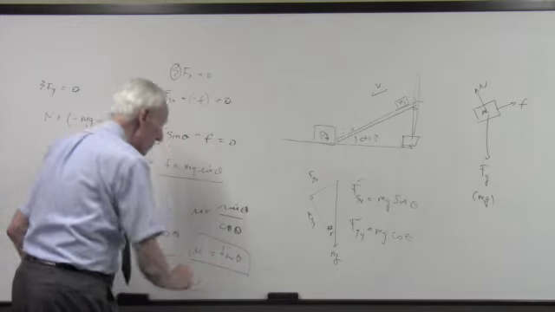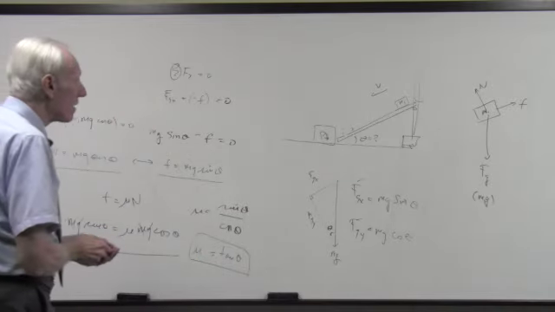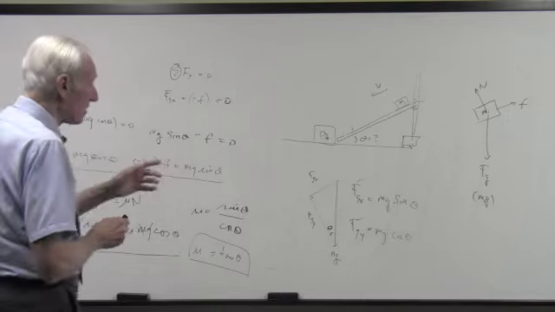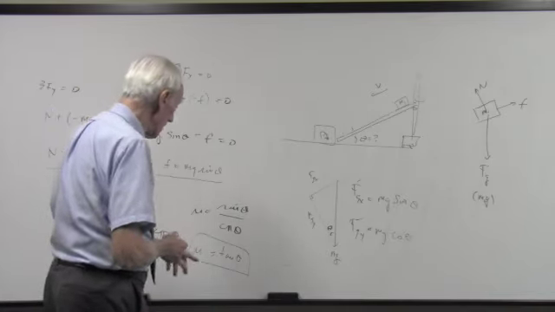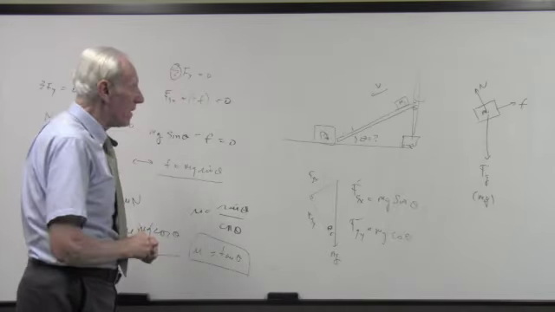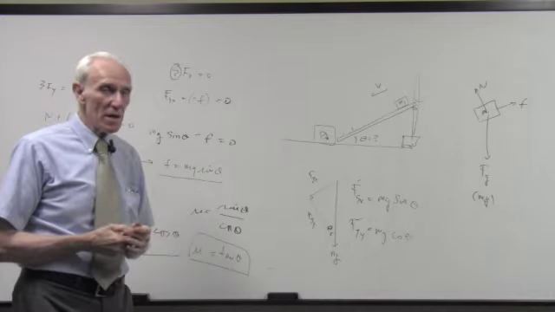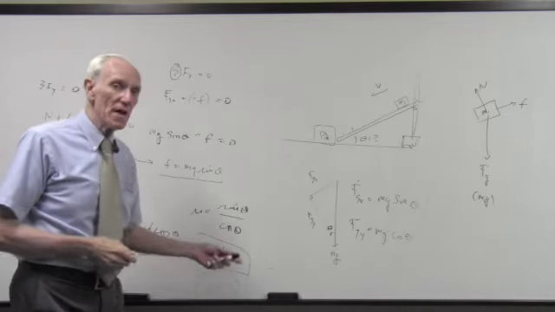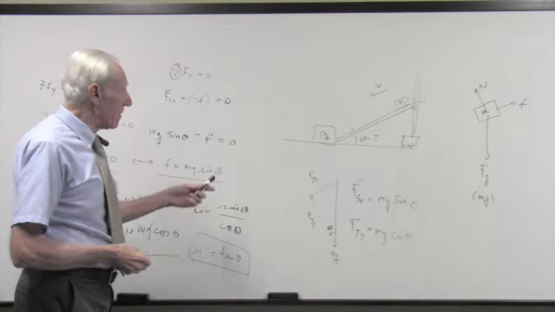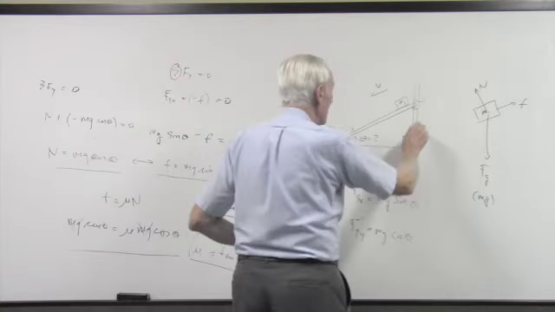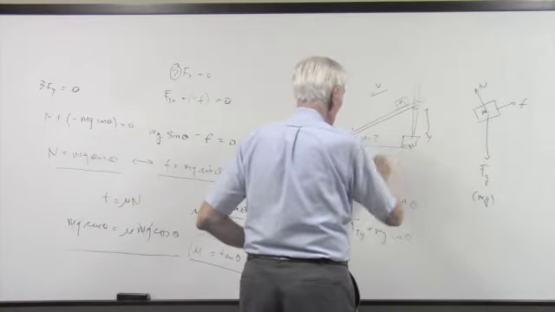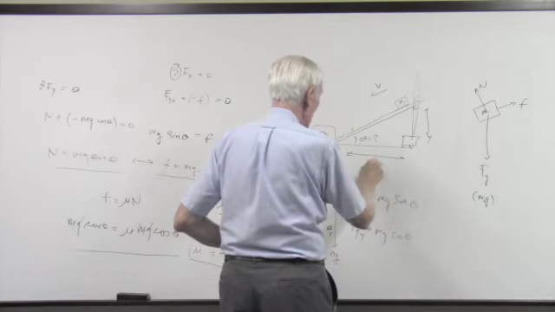So for the second part, at the angle here, the tangent of that angle is equal to the coefficient of friction. Don't make the mistake of taking the tangent of the angle. The tangent of the angle is, of course, y over x.